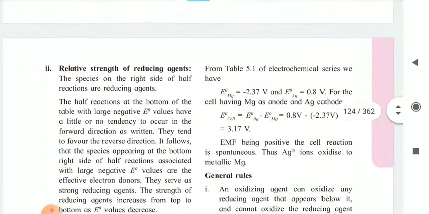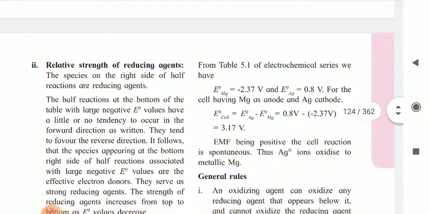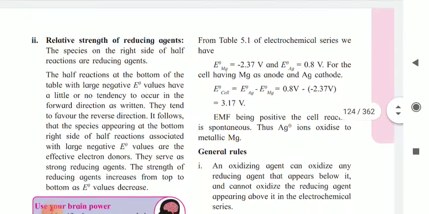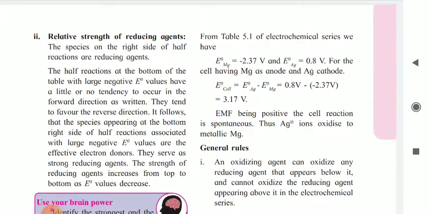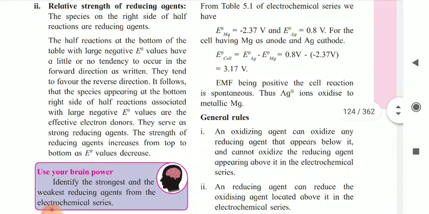From Table 5.1 of the electrochemical series, you will get the E0 cell that we have determined, which would be 3.17 V. The EMF being positive, the cell reaction is spontaneous. Thus Ag+ ions oxidize metallic Mg, and this is a spontaneous reaction.